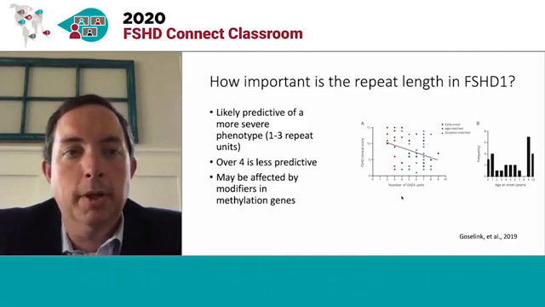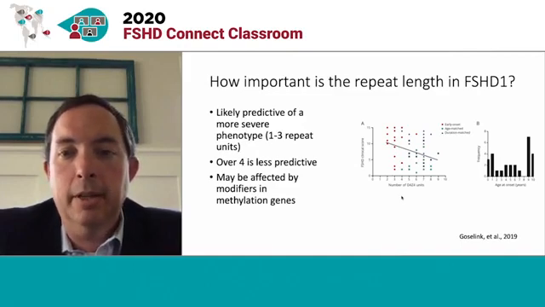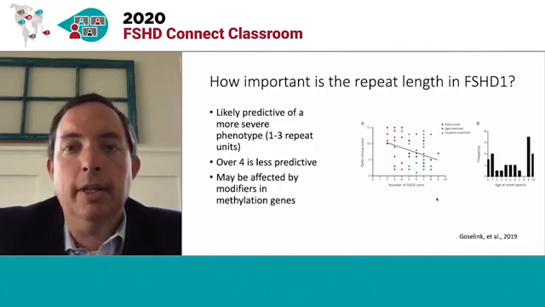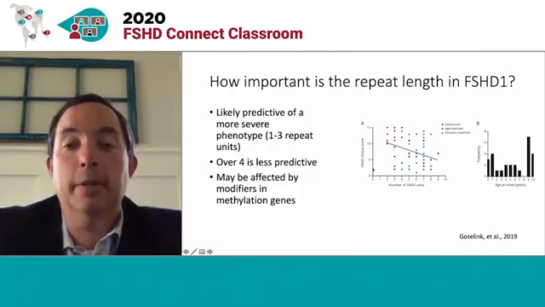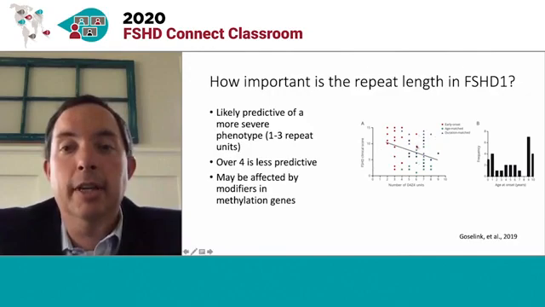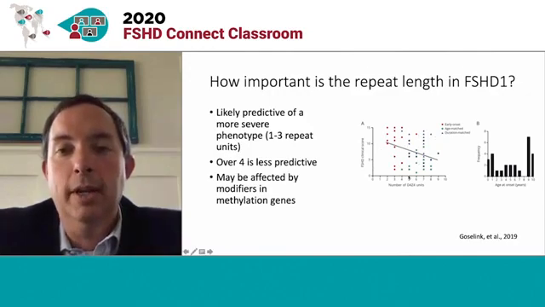What I'm showing you here is some data from the European groups, showing the number of D4Z4 repeat units against the FSHD clinical score, which is a measure of disease severity. They've also looked, in a three-dimensional way, at whether people had early onset or were age matched or duration matched.